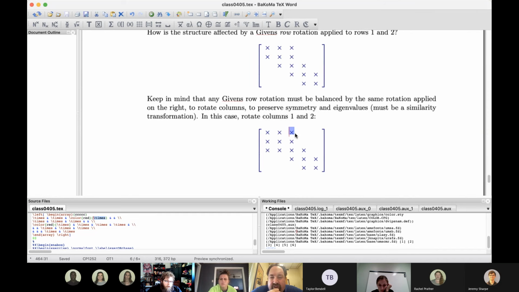If you choose carefully which rows and columns you rotate. That's one thing to keep in mind.